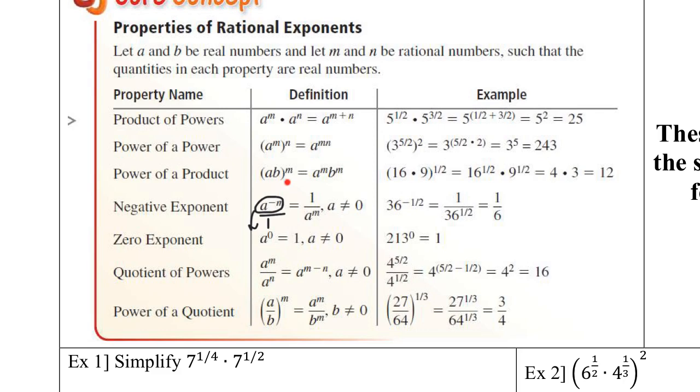So kind of like this one here, when you have two things multiplied raised to a power, same thing here. If you have two things divided to an exponent, both numerator and denominator get the same exponent. So here's your example. 27 over 64 to the 1/3 means I'm going to take 27 to the 1/3 over 64 to the 1/3 as well, and then keep simplifying if possible.